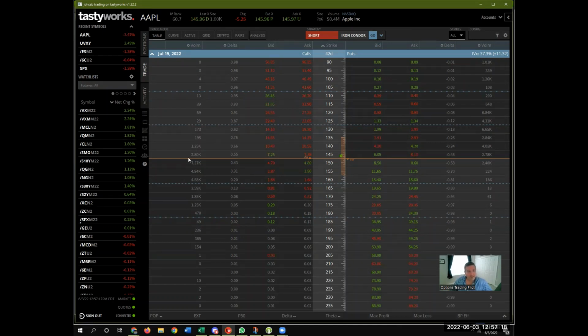And that term at the money means at the money. So the money is 146. So if you're trading at 145, that is considered an at the money trade. An out of the money trade would be something that's not trading close to the current stock price.